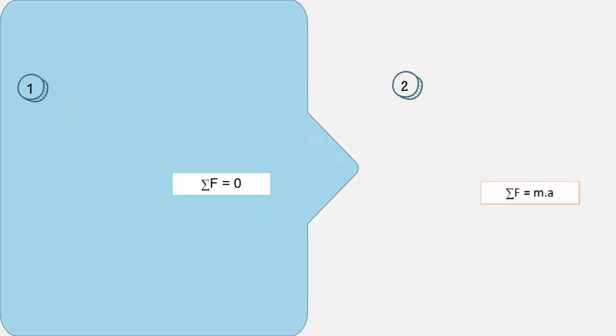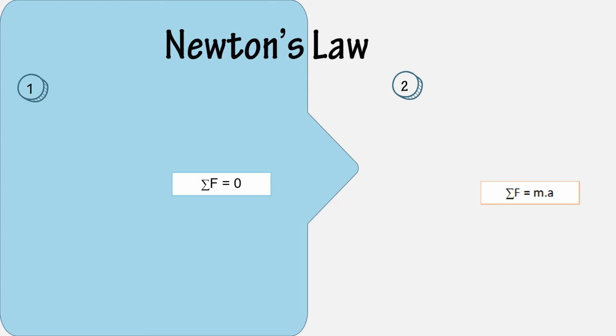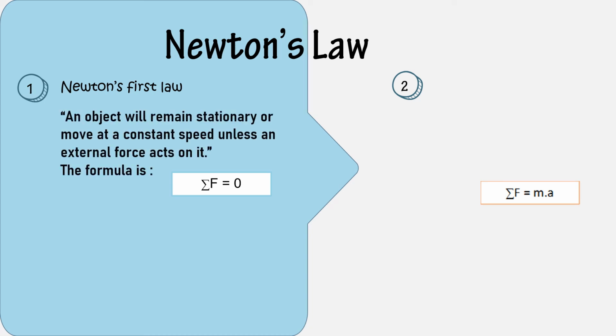The last topic is Newton's law. There are three of Newton's laws. First, Newton's first law states that an object will remain stationary or move at a constant speed unless an external force acts on it.